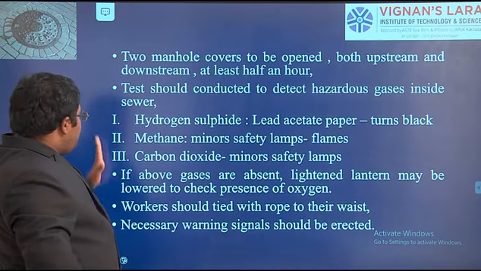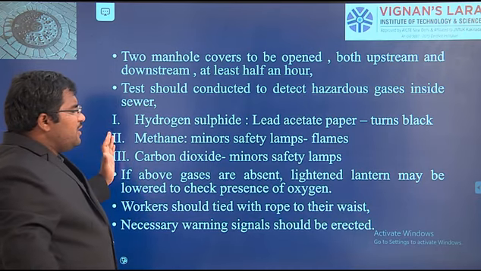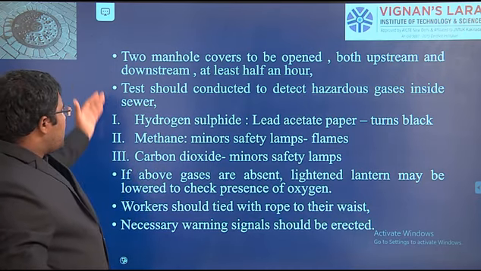Here we have some precautions, step by step.